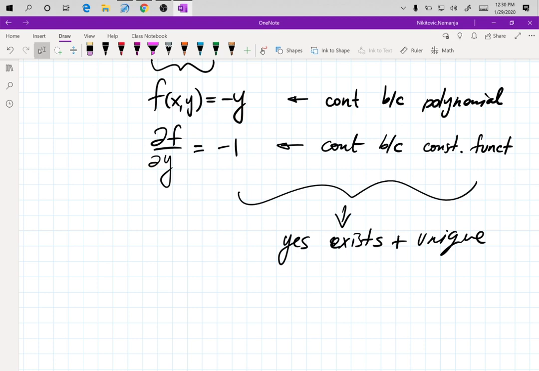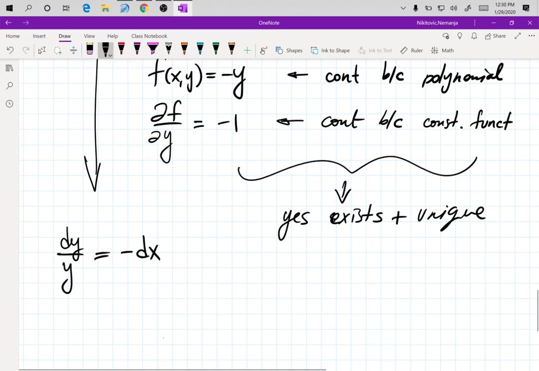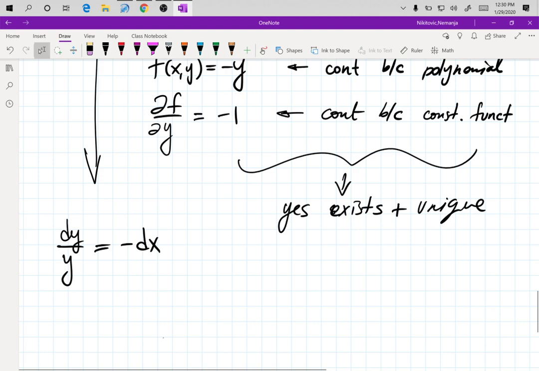Let's do the separation of variables because we can. We'll have dy over y equals negative dx. I'm going to leave the negative. Just move the y. When I integrate both sides, which I'm going to mark with this red integral, I will have ln of absolute y equal to negative x plus c.